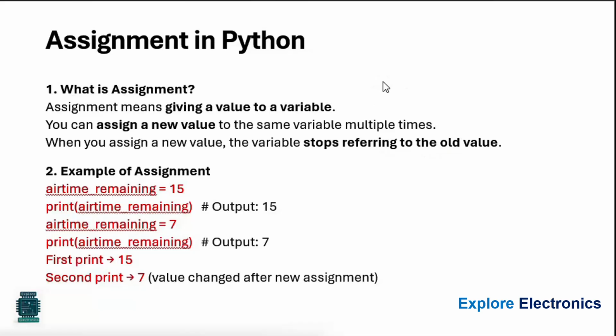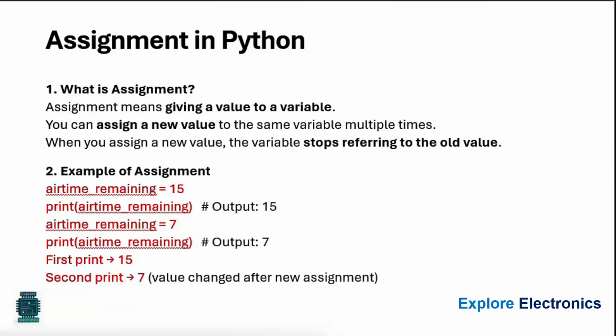For example, a is equal to 10 I have taken. When I assign a is equal to 20, it will stop referring to a is equal to 10. It will show me a is equal to 20 only. Whatever I have updated recently, it will show me in the output as a is equal to 20, not a is equal to 10, because I have updated recently that a is equal to 20. That's why it will stop referring to the old value, which is a is equal to 10.